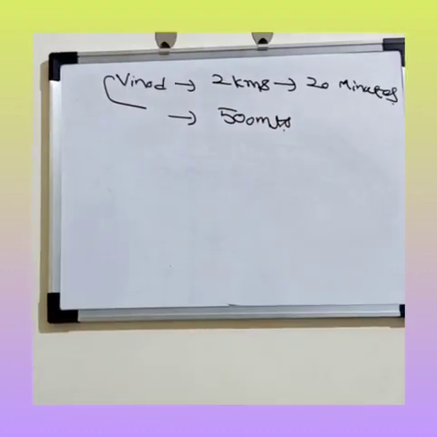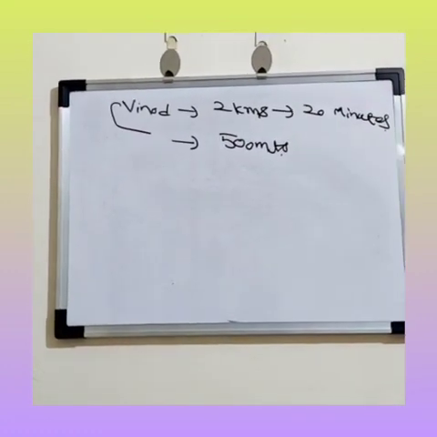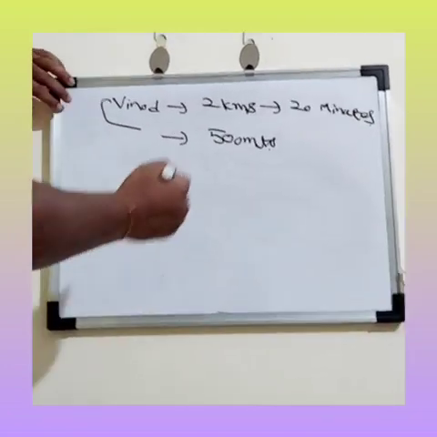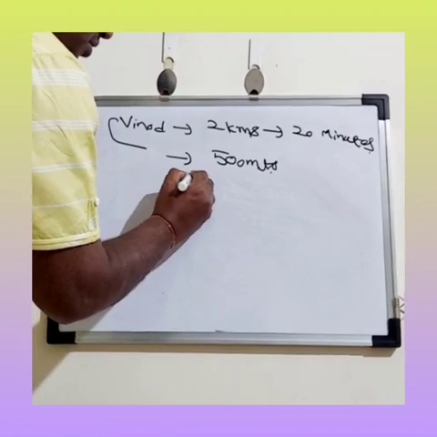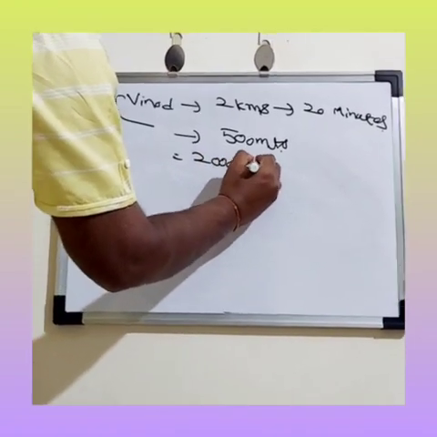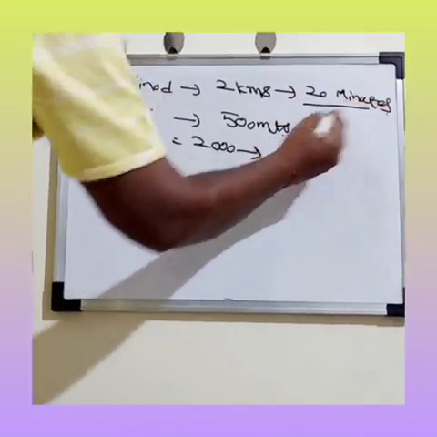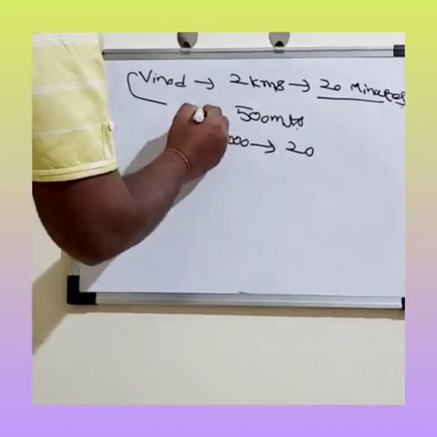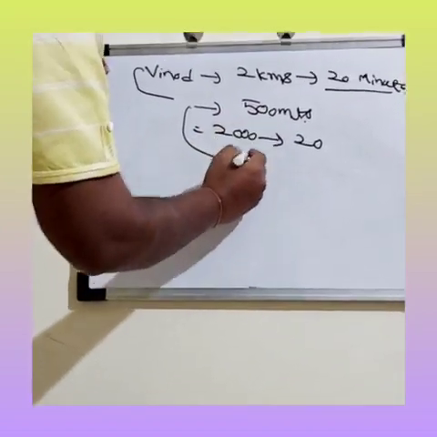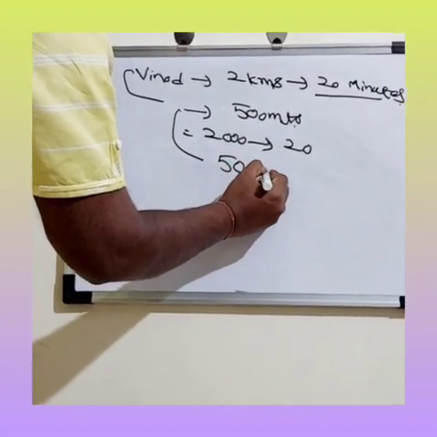We can solve the problem in two ways. First logic: 2 kilometers is equal to how many meters? 2000 meters. For 2000 meters he takes 20 minutes. But how much time will it take to travel 500 meters? Definitely it will be less time.